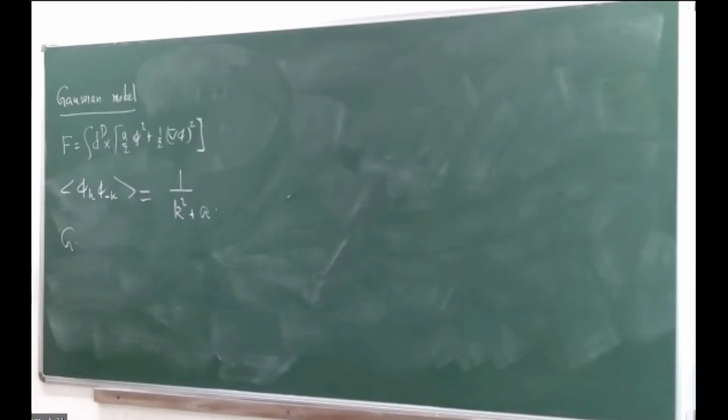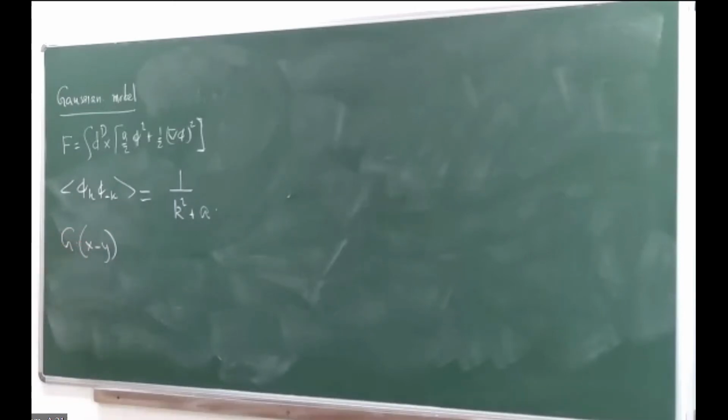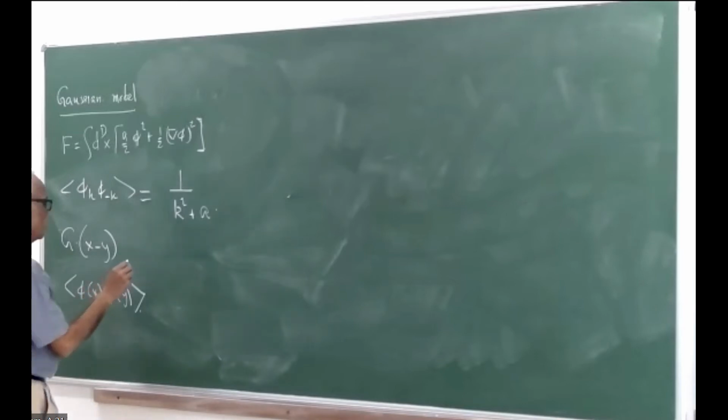Often you need not the k-space answer, but the coordinate space answer, the Green's function g of x minus y. That is the correlator in real space, phi x, phi y, and that's your g of x minus y. Let me call this x12, x1, x2.